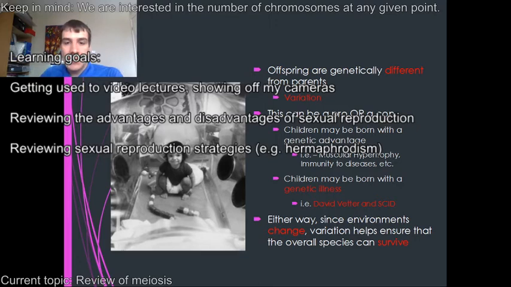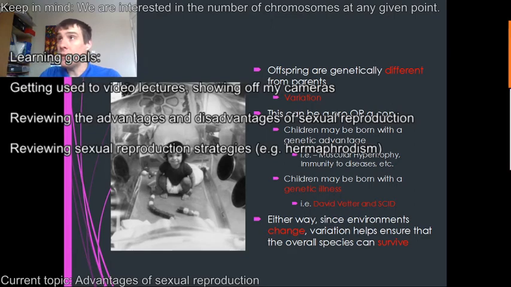So that's that one. Actually, I should change the current topic, shouldn't I? Current topic is the advantages of sexual reproduction. So yeah, the advantage is, as we learned in that evolution unit, that variation is good.